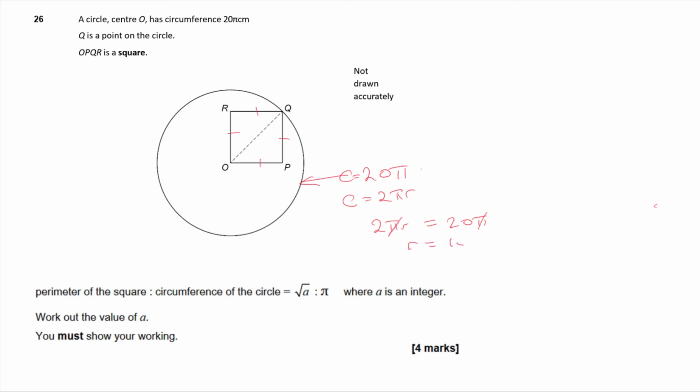So the radius of this circle is 10. And that is OQ then, isn't it? That's the diagonal of that square there. That is 10. Okay? So we know that the radius OQ is 10, which happens to be that diagonal of the square. So probably from that we can work out what OP is then, isn't it?